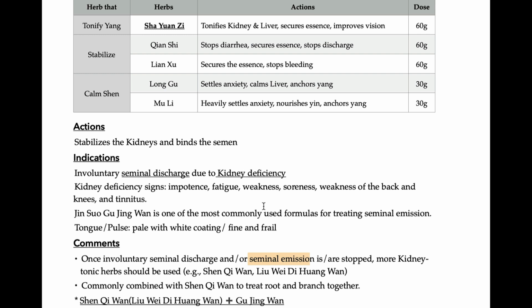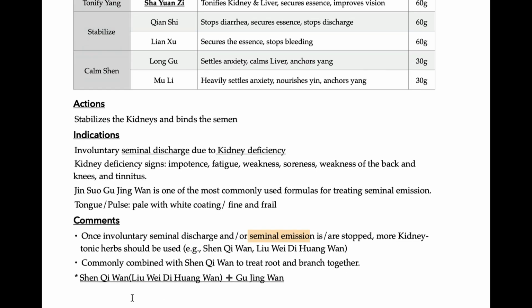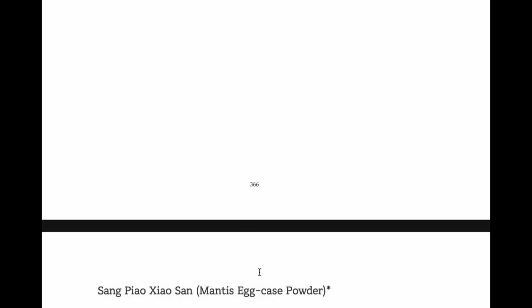Once Jinsuo Gujing Wan treats those symptoms, you should change to the formulas that treat the root, because this is for the branch. It only subsides the symptoms by securing and stabilizing, and it does not tonify the kidney. So if you want to tonify the kidney, you should better use Shenqi Wan or Liuwei Dihuang Wan and combine them with Jinsuo Gujing Wan. So Jinsuo Gujing Wan, essence, seminal emission.